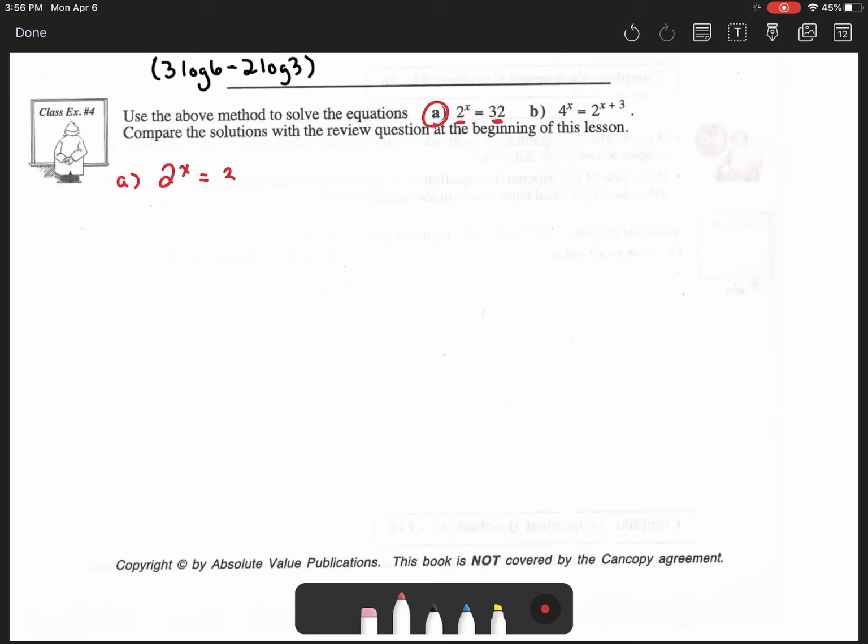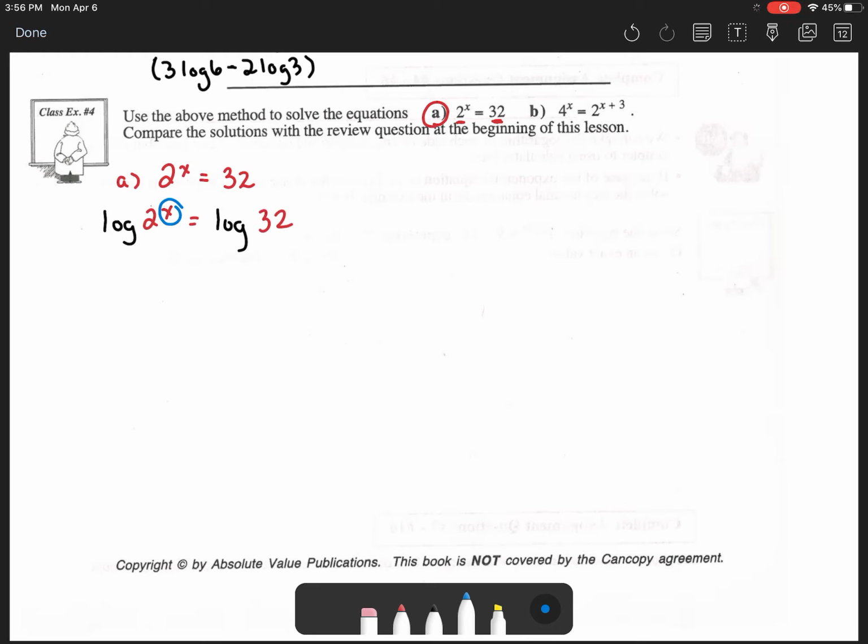So here's A, right? I start with 2 to the exponent of x equaling 32. Now again, I should be using common bases here because it's much easier and faster, but they want me to practice using logarithms. So the first thing I do is I just write log in front, or take the common logarithm of both sides. So I'm going to go log 2 to the x equals log of 32.